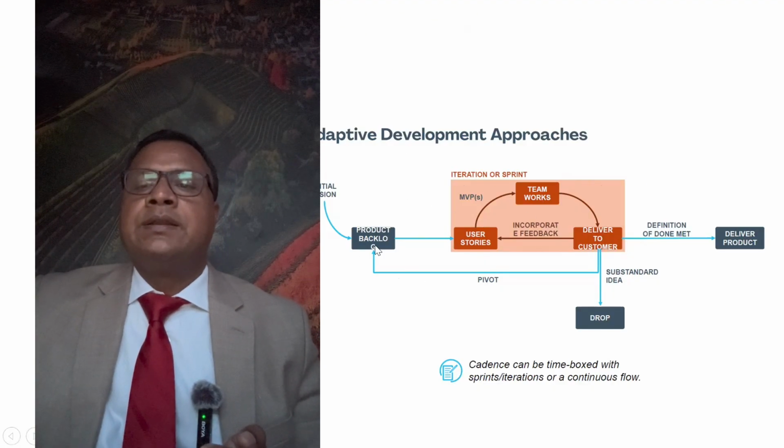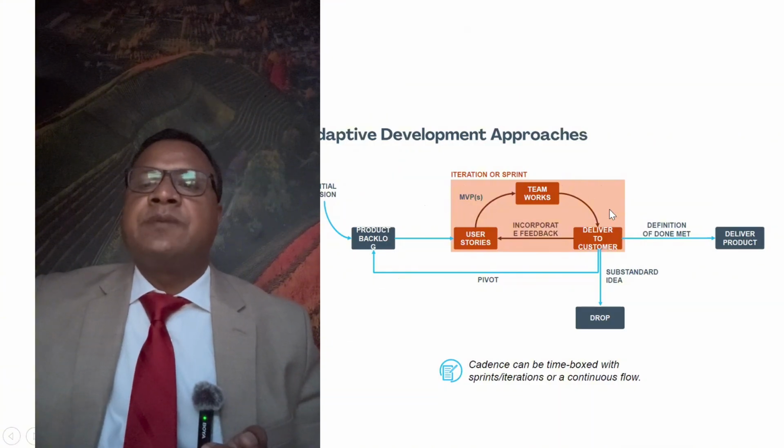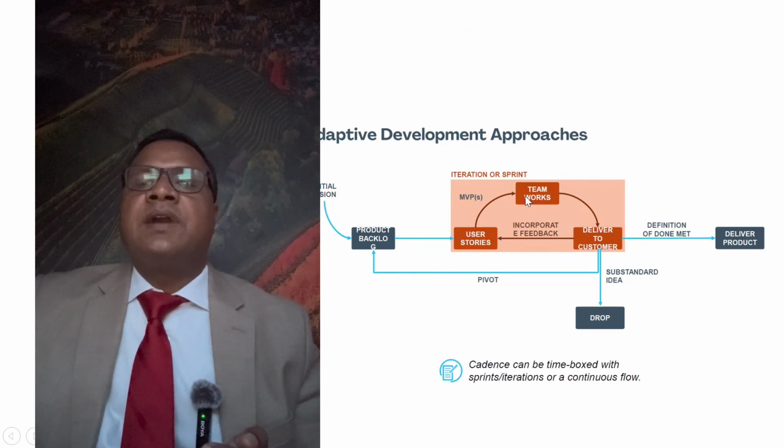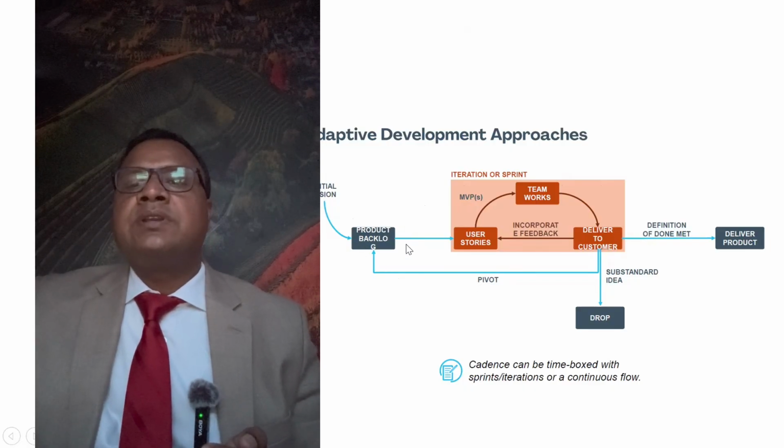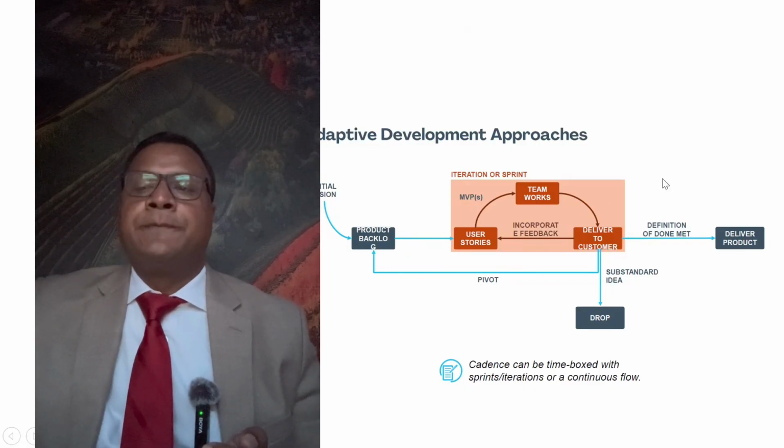Each time they get some feedback, it goes to the product backlog. The product owner explains the user stories to the team, and the team defines the minimum viable product. They work on it and deliver to the customer. The customer is not happy, and they give feedback again. So you get the product backlog. This way it happens again and again.